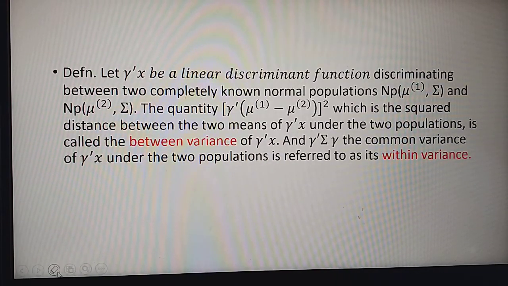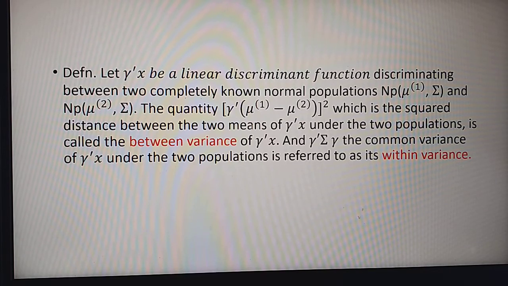Next, another definition: let gamma prime x be a linear discriminant function discriminating between two completely specified normal populations N_p(mu1, sigma) and N_p(mu2, sigma). The quantity (gamma prime (mu1 minus mu2)) whole square, which is the square distance between the two means of gamma prime x under the two populations, is called the between variance of gamma prime x.